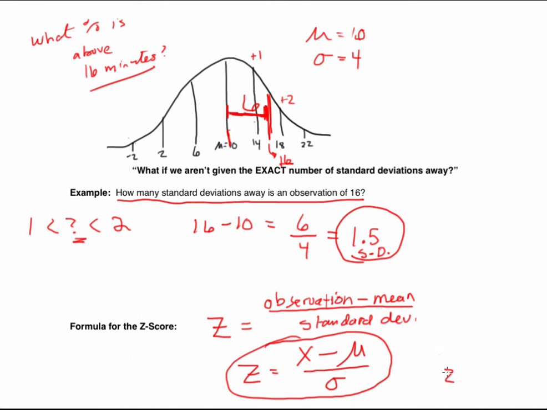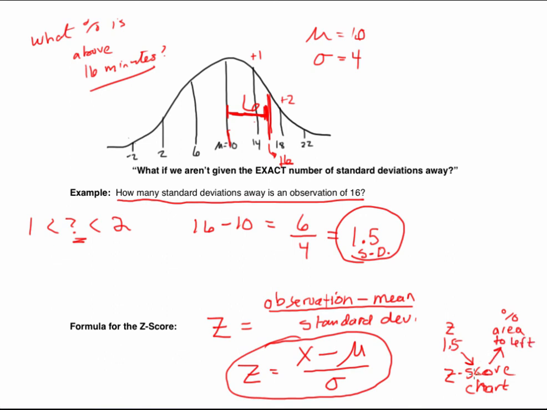The z-score chart goes between not just regular +1 or +2 standard deviations, but if we have a z-score of 1.5, we can use our z-score chart, which will tell us the area to the left, the percentage to the left of that observation.